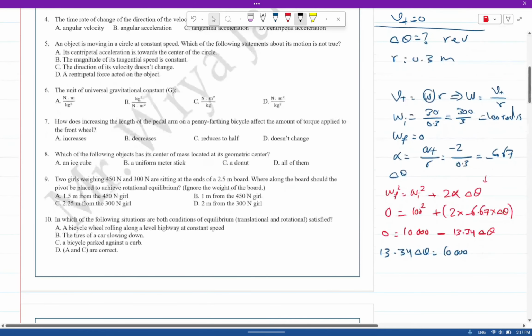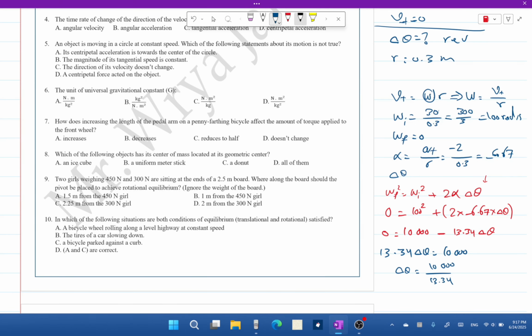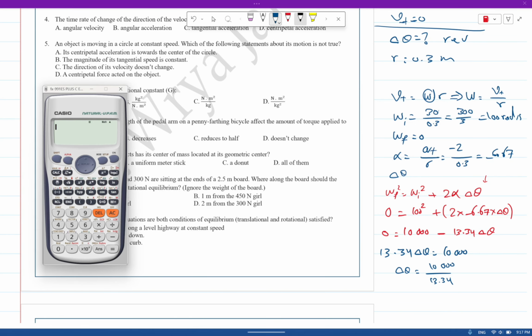Now all you have to do is just find delta theta, which is equal to 10,000 divided by 13.34. Let's see what that equals in radian. So we'll say 10,000 divided by 13.34. The answer is equal to 749.6.